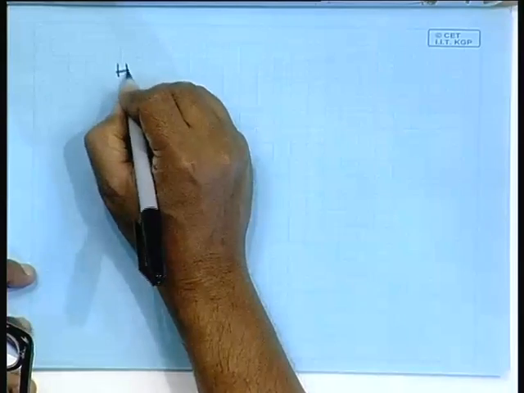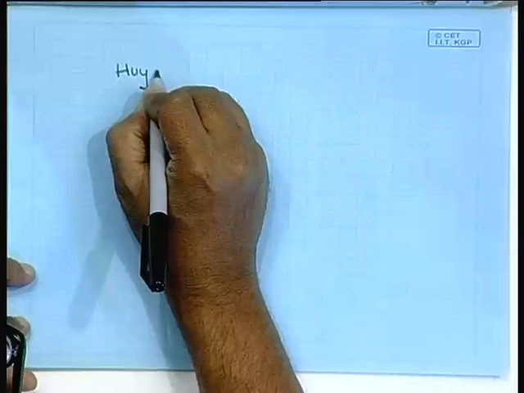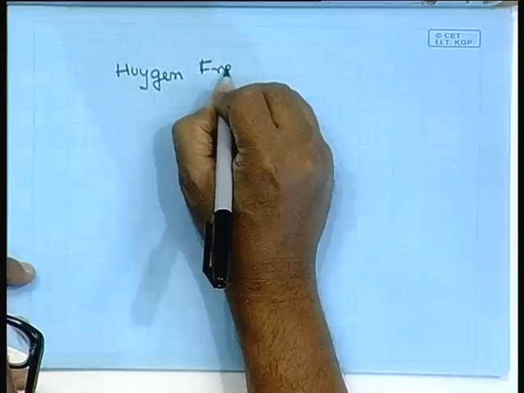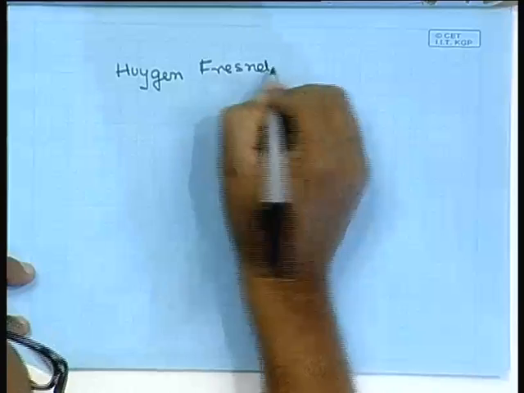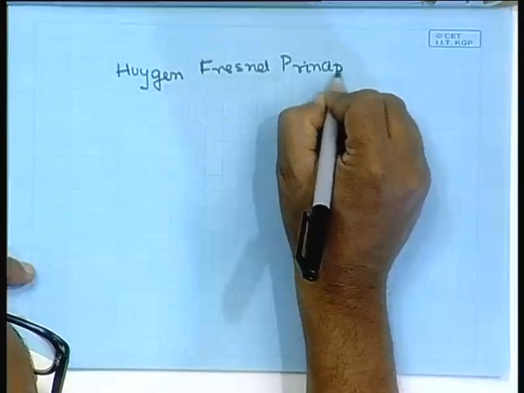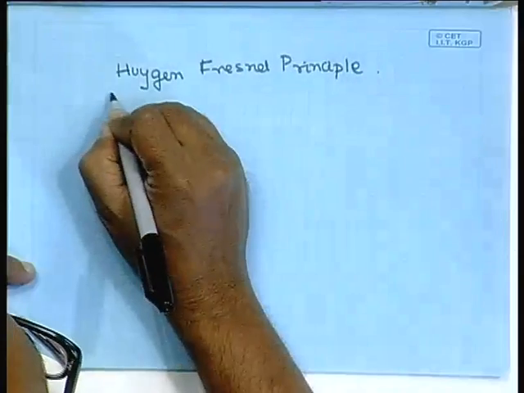So, it is a complicated situation, but there is a heuristic method which goes by the name of the Huygens-Fresnel principle, which allows us to handle such situations.